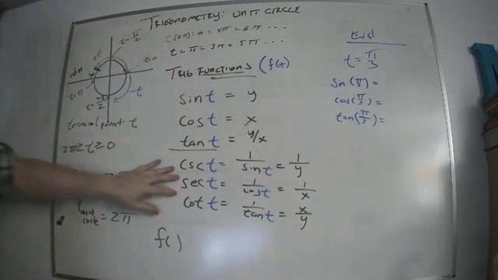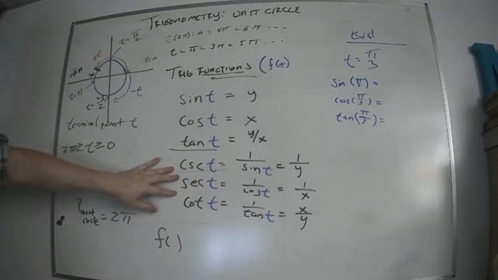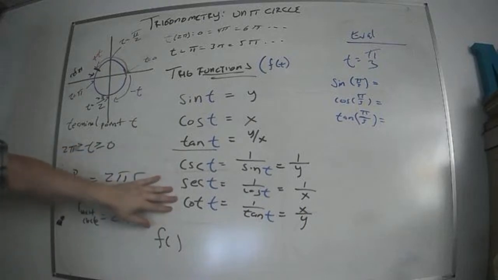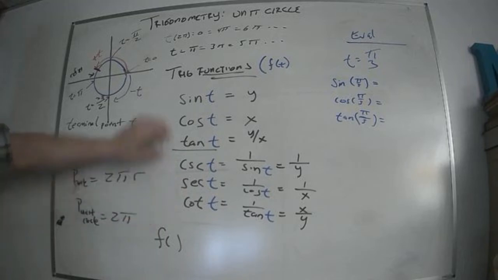And to find the reciprocal functions, I will just take the reciprocal of them. So for the most part, we only use these when required to. We use these all the time.